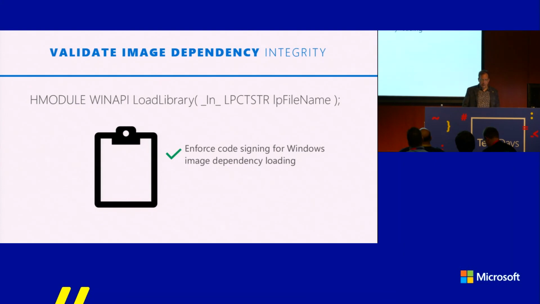Now here's one that I don't think any of you will ever have a use for. We use this in Edge, and I don't know where else you'd use it. When you try to call into LoadLibrary, we'll do a check and say, are you digitally signed with a Windows digital certificate?